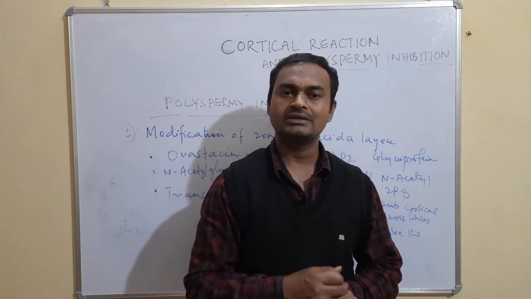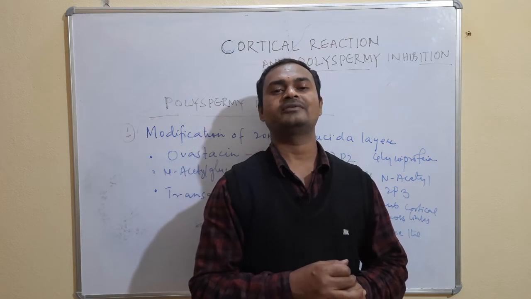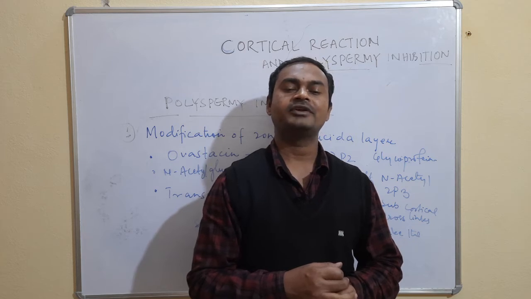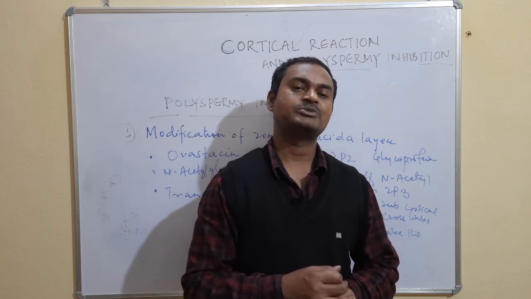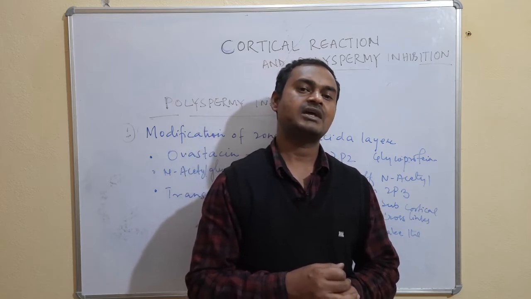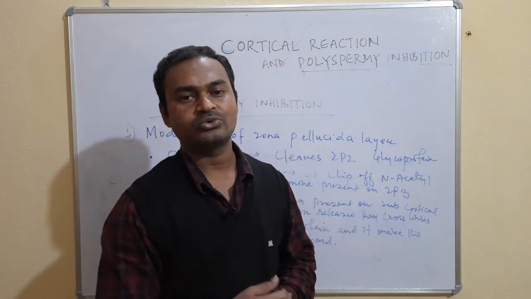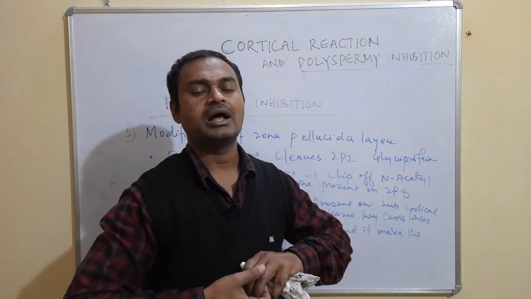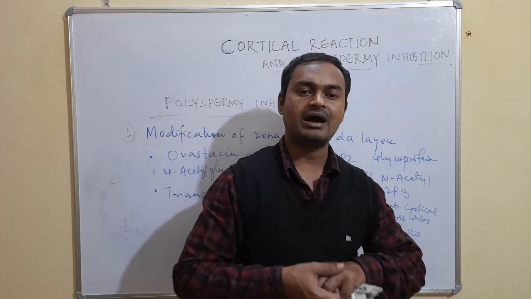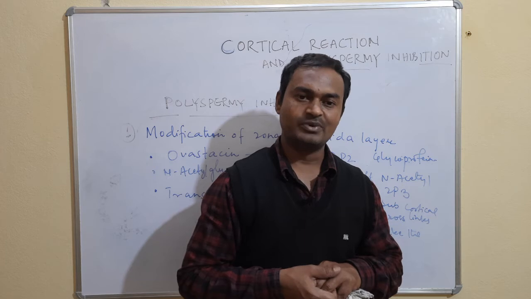And most recently, another one is transglutaminase 2, which is present in the subcortical region, and whenever the sperm reaches the cell of the ovum, it gets released and binds with the zona pellucida 3, and it cross-links zona pellucida 2 and zona pellucida 3, and after this cross-linking, it makes a strong and hard barrier on the zona pellucida, so that no more sperm could bind.